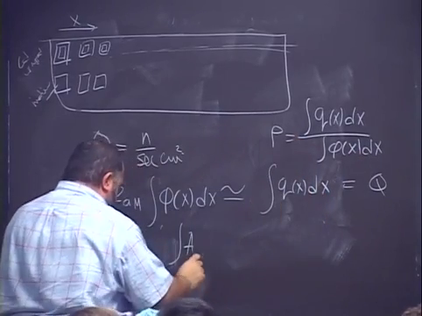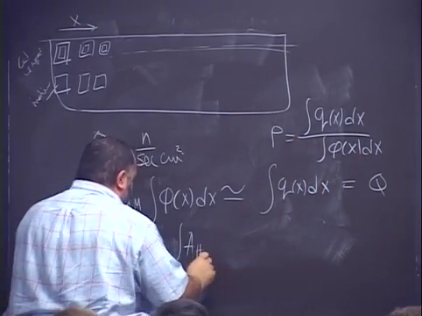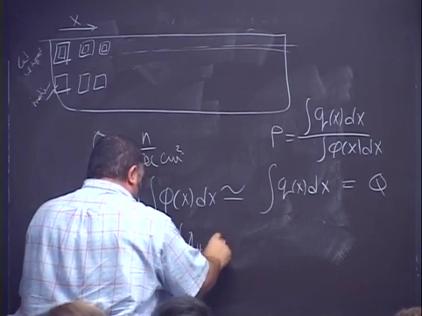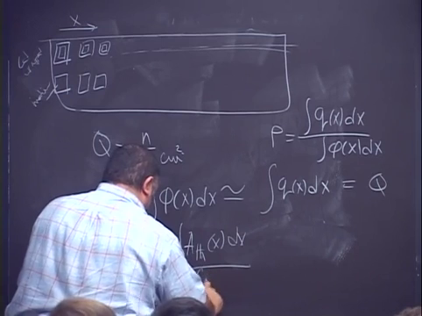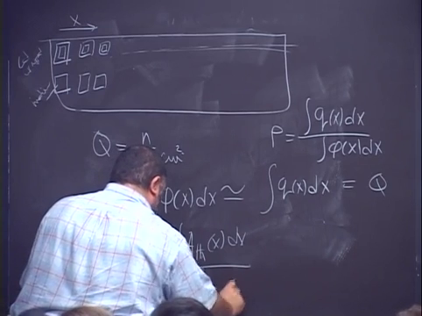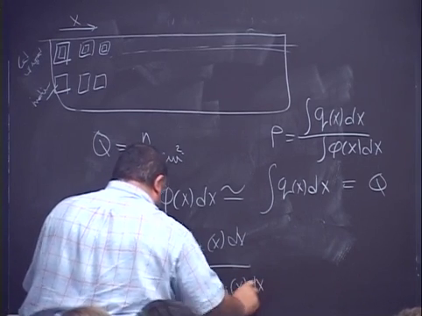So this will be A thermal of x dx over A epithermal of x dx.